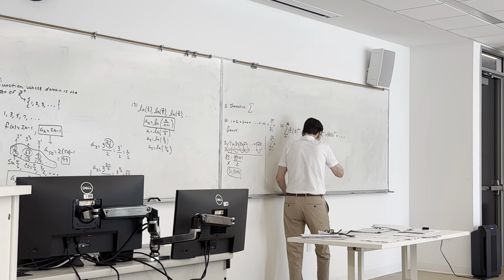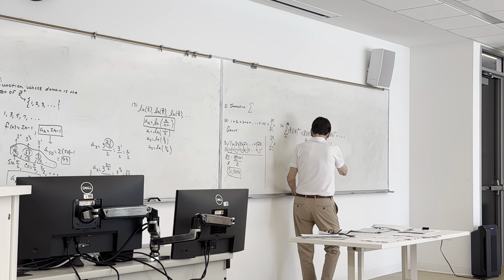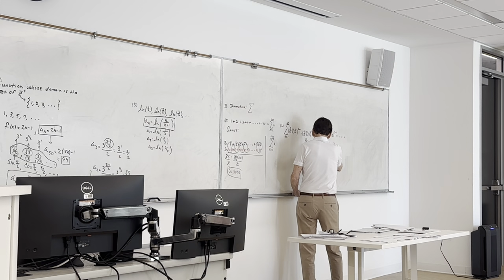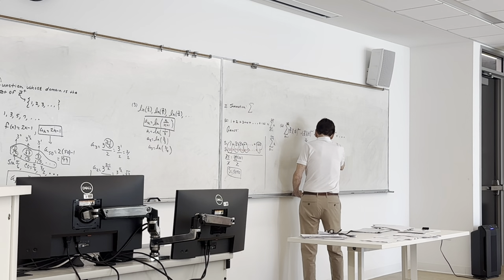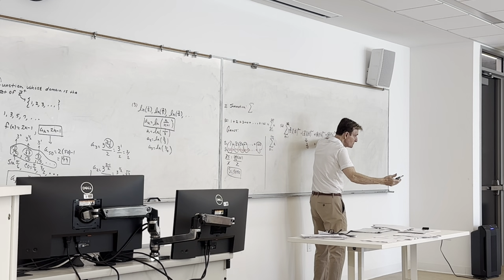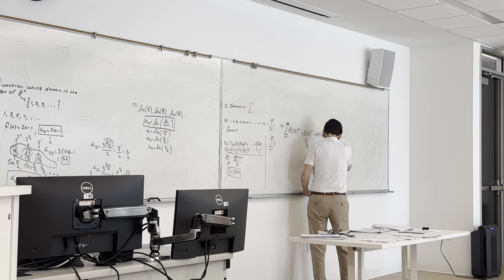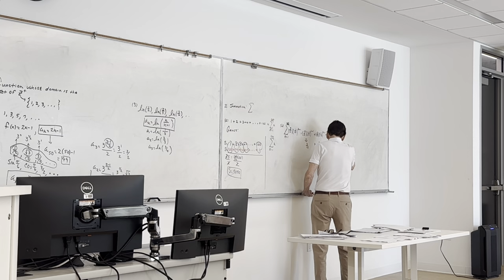The second term is 1/10 raised to the first, which is 1/10, times 3/10 is 3/100. The third term, 1/10 squared, that's 1/100, times 3/10 is 3/1000. And it goes forever.